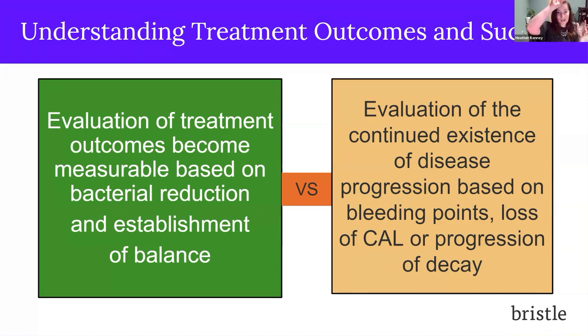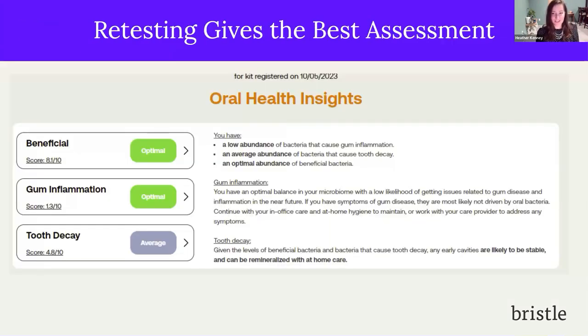He's got some inflammatory issues out here that make him not as responsive in here. So not everybody's going to react the same, and we need to be able to shift and adjust. So testing and retesting gives us a good idea of whether we have promoted health in our patients versus just, is there clinical attachment loss?